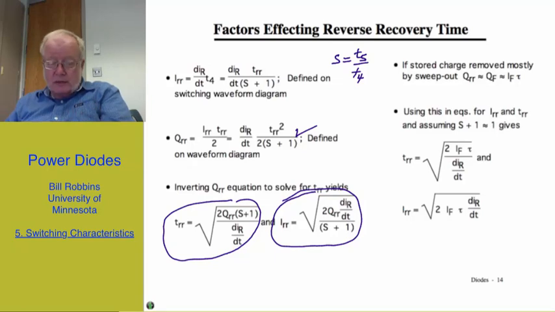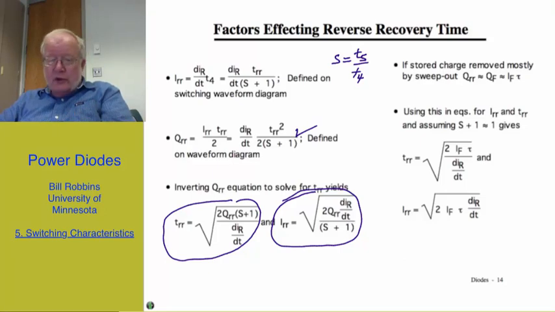So if you want short recovery times, you need to have very large dI_R/dt. Unfortunately, the reverse recovery current scales as the square root of dI_R/dt. So there's going to have to be a trade-off made between the desired T sub RR and I sub RR. And that is the trade-off that the diode user has to make.